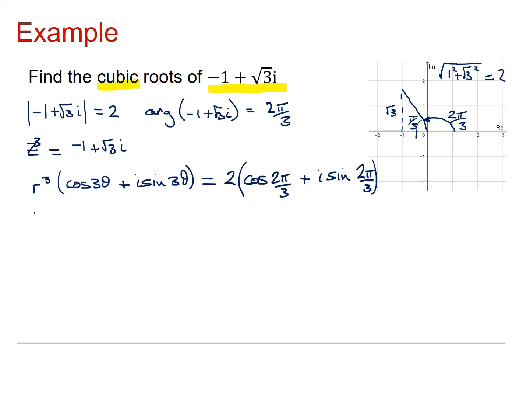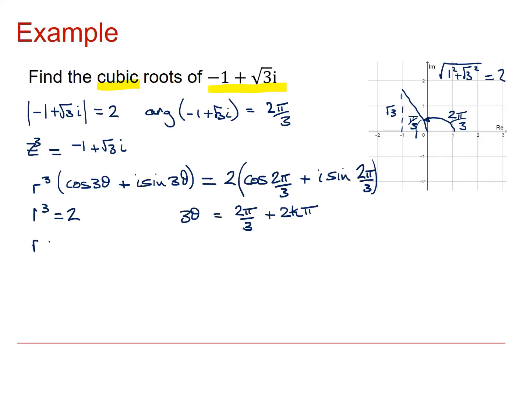And this happens when r cubed is equal to 2 and 3 theta is equal to 2 pi by 3 plus any multiple of 2 pi.